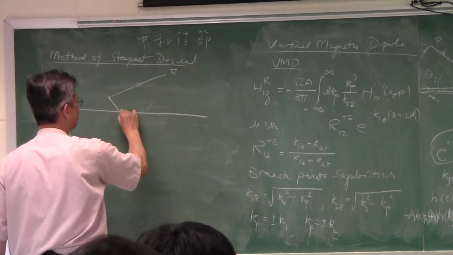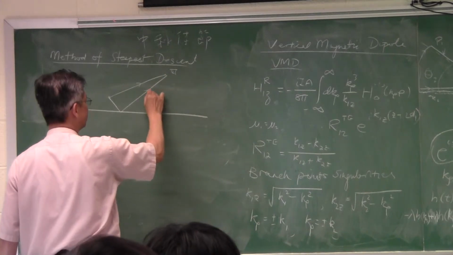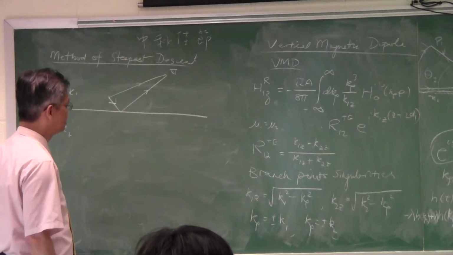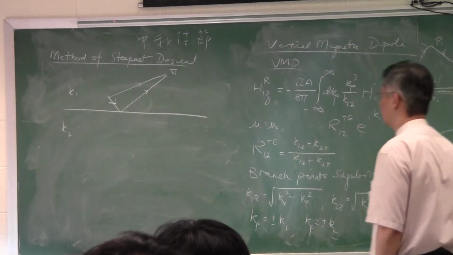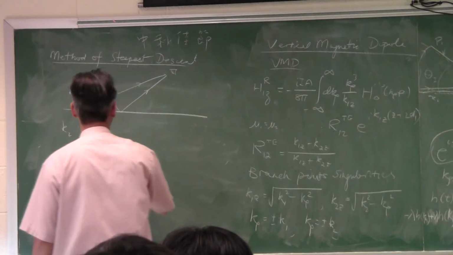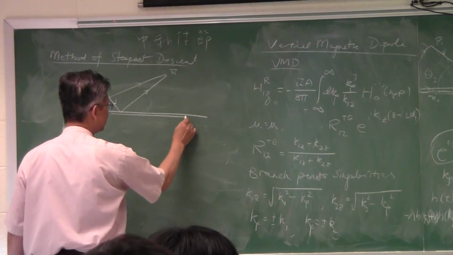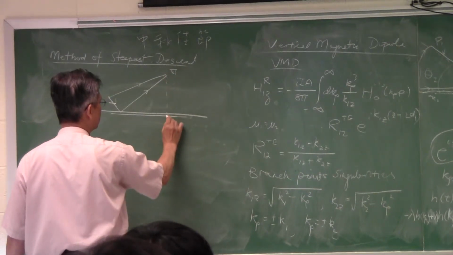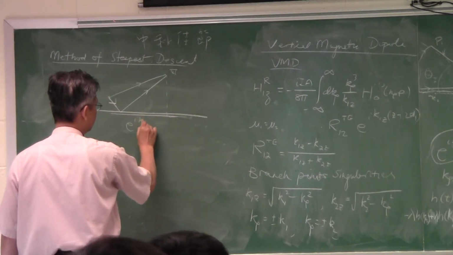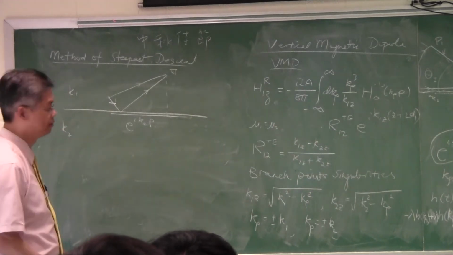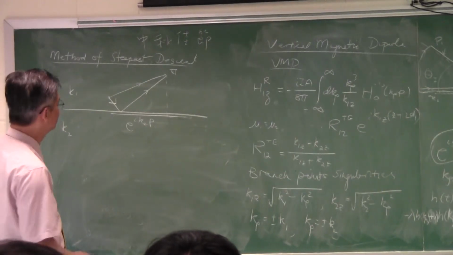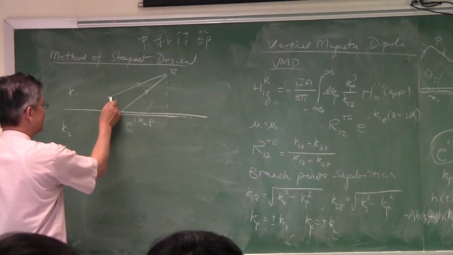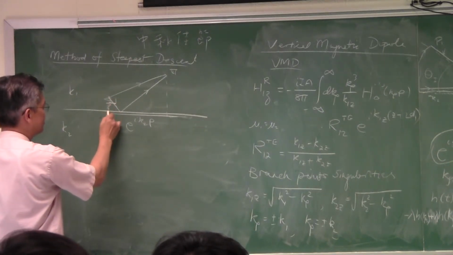I have the saddle point contribution that corresponds to this, which is the same as the stationary phase point contribution. But then I have a branch point contribution that contributes to this wave. How does this wave look like? This wave is a wave that propagates radially with a wave number of region 2. It propagates like that. But then it's evanescent in the z direction. So it's actually excited by an evanescent wave.